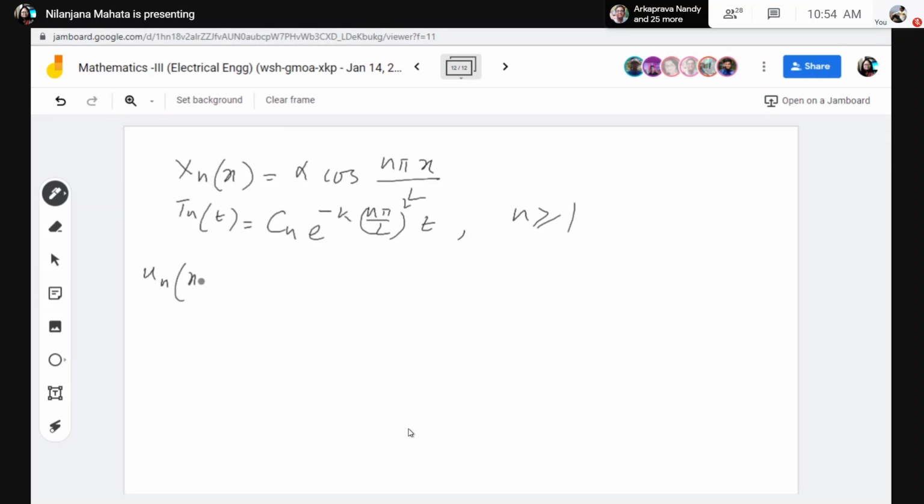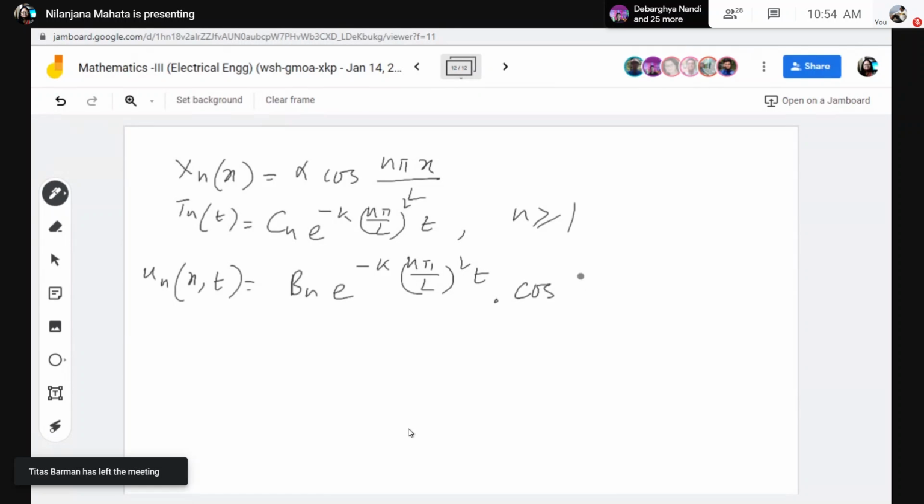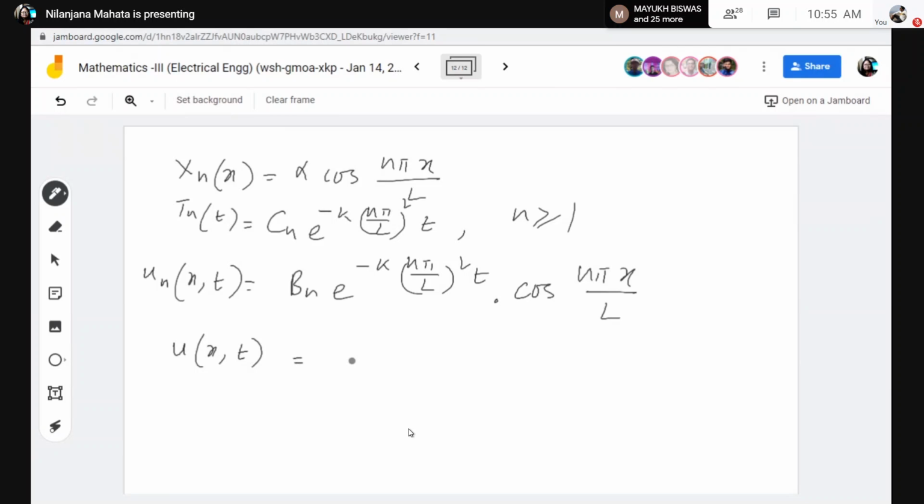So your u_n(x,t) is P_n e to the power minus k (n pi by L) square t into cos n pi x by L. Last time we have taken n equal to 1 to infinity.